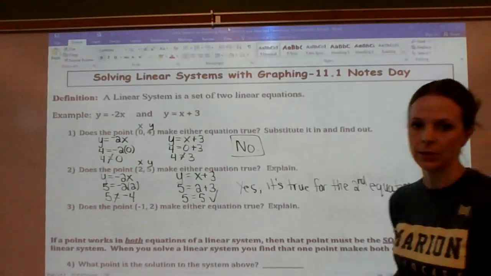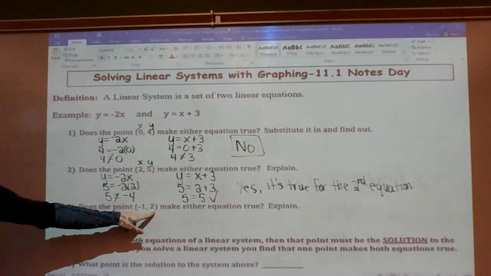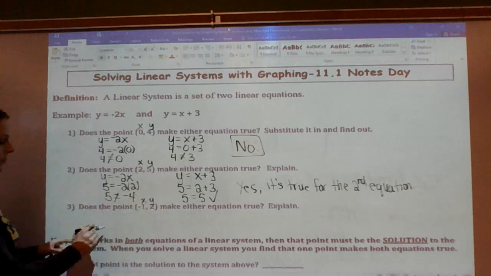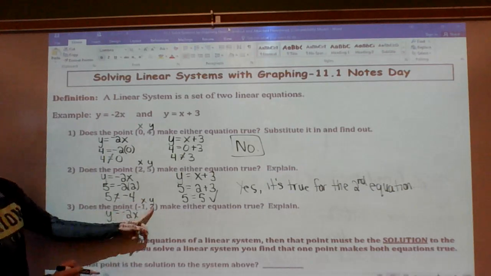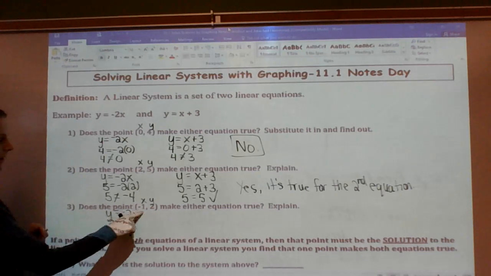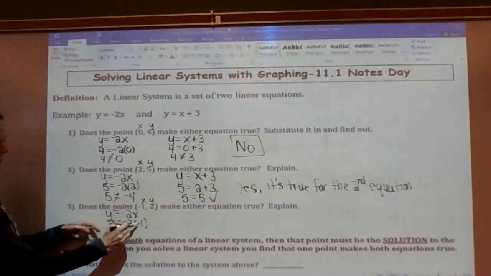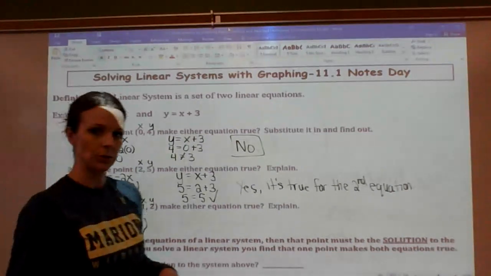Let's look at the third one that they want you to test. So if they give you the point (negative 1, 2), substitute that into each equation. So y equals negative 2x. Our y is 2. Our x is negative 1. And read your statement. Negative times a negative is a positive. So I get 2 equals 2. That one's true.